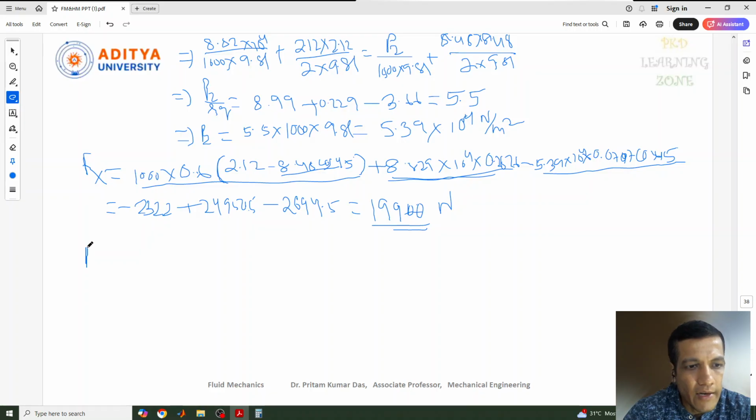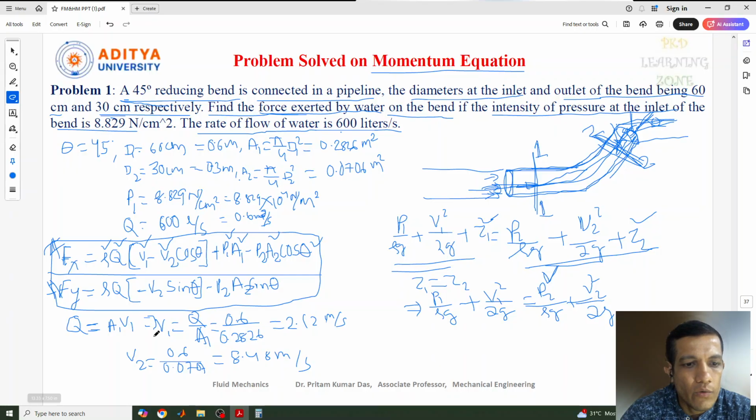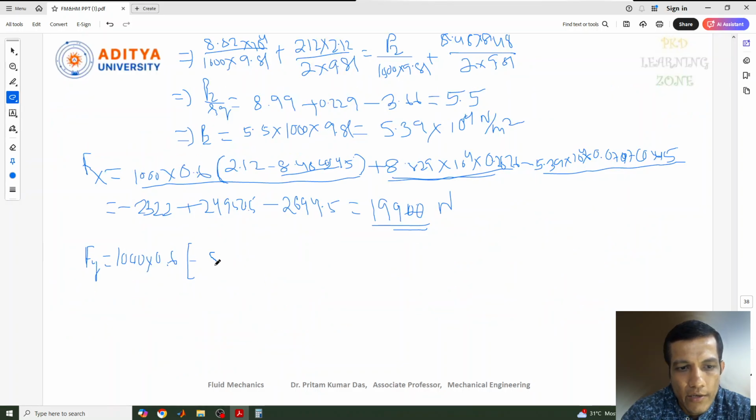Now similarly, we need to find the value of Fy. For Fy also the same equation is there: rho Q, again 1000 into Q, 0.6, whole bracket, and this is V2 sin theta. Sin theta again 45. So the V2 value we got is 8.48, and this is sin 45, minus P2 A2 sin theta.